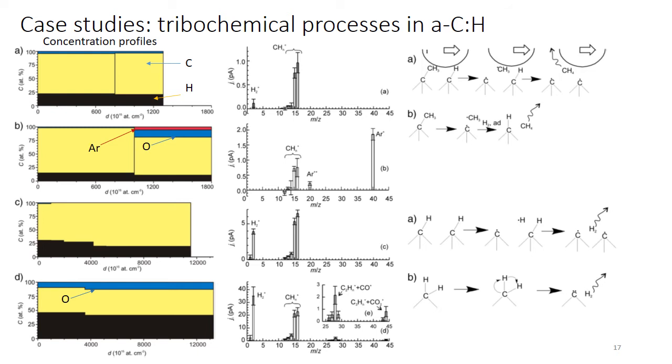obtained for each coating. You can see there is a clear correlation between the concentration of hydrogen in the coating and the intensity of hydrogen and methane signals in the mass spectrum. With increasing hydrogen concentration in the coating, we see a dramatic increase in the hydrogen peak and also an increase in the CH4 intensity.